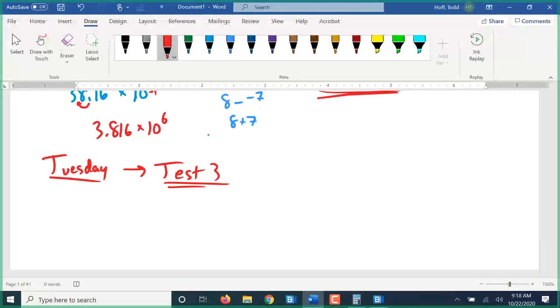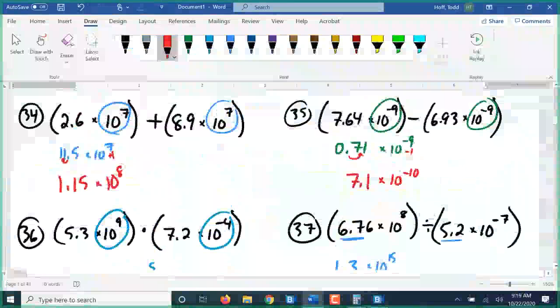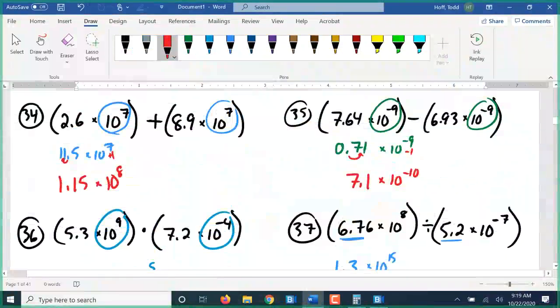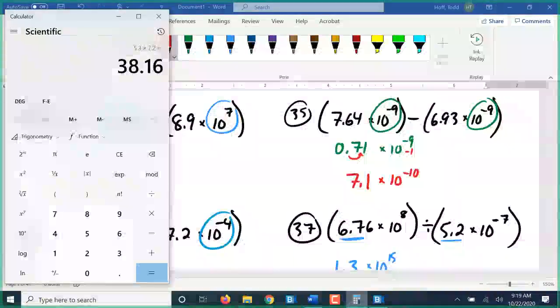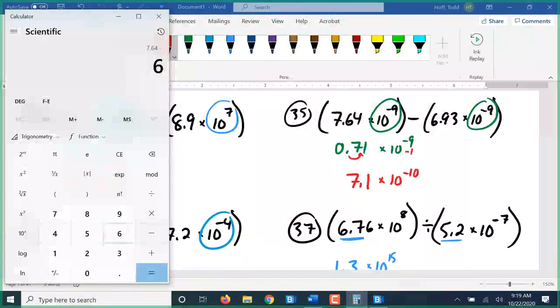I do. Oops, go ahead. I'm sorry, Mr. Todd. On number 35, I keep getting 1.34 times 10 to the negative 9th. Oh, did I subtract something wrong there? So 7.6 minus 6.93 is 8.71 times 10 to the negative 9th.